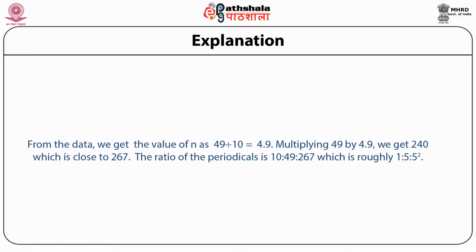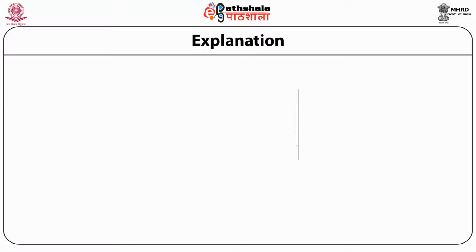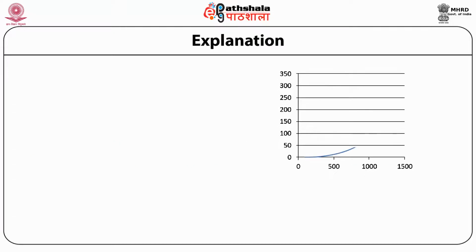Now we multiply this 50 by 5, we get 250, which is close to 267. Thus, the ratio of the periodicals 10:50:267 is roughly 1:5:5 square. Thus, we conclude that the data set follows Bradford's law, and it is called Bradford Bibliograph.